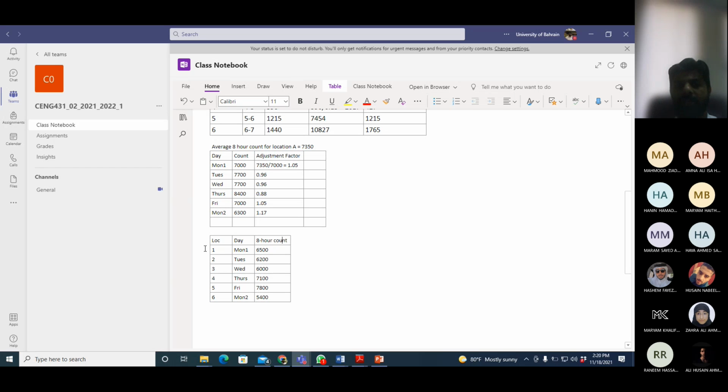For location 1, I don't have the average value, but I have the count of that day, and I know the ratio of average and that count should be 1.05. So I will multiply this value with the factor of this day and you will get the average 8-hour count.